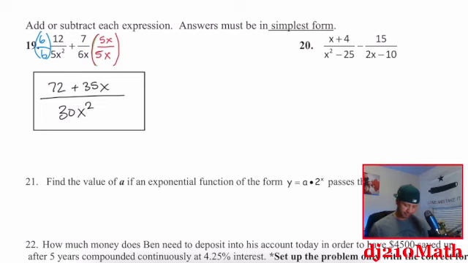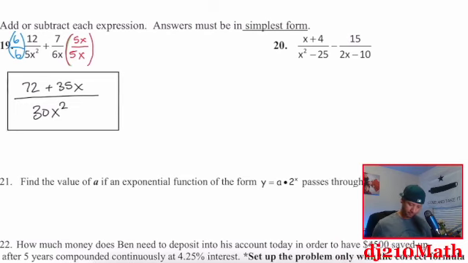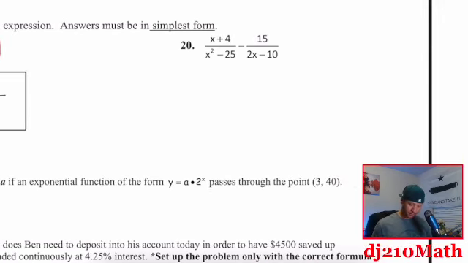Okay. Number 20. Okay, before we start doing what we did in the last one, it's best if we factor the bottom completely first, because then that'll show us what we need to multiply each side by. So this is the difference of squares, right? X squared minus a perfect square.